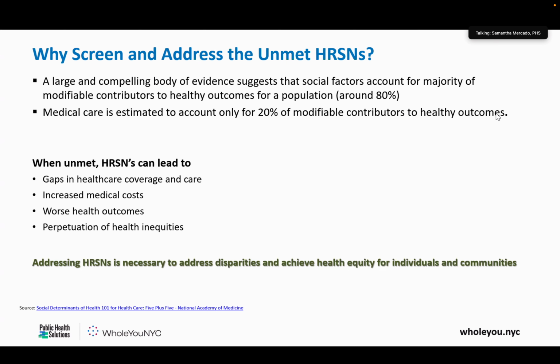Around 80% of those modifiable health outcomes are related to social factors, and then Medicaid medical care is estimated to account for only 20% of modifiable contributors to healthy outcomes. So when we aren't meeting HRSNs, we're leaving gaps in healthcare coverage and care. We have increased medical costs, worse health outcomes, and perpetuation of health inequities.